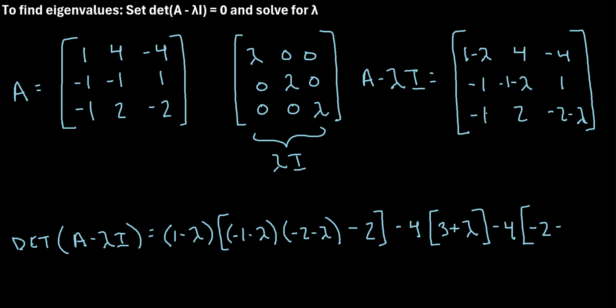So that would be minus a positive 1 plus lambda. And for this portion right here, we can see that's negative 2 minus 1, so that's negative 3 minus lambda. So let's write that instead. Negative 3 minus lambda.